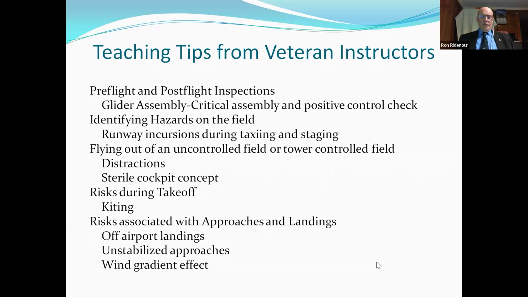So, I think contributory to the most recent accident up in Toronto could have been a strong wind gradient effect. As the airplane was approaching, the sink rate started increasing when they were close to the ground. And I think personally that it's possible that the wind gradient effect could have affected the sink rate of that aircraft.